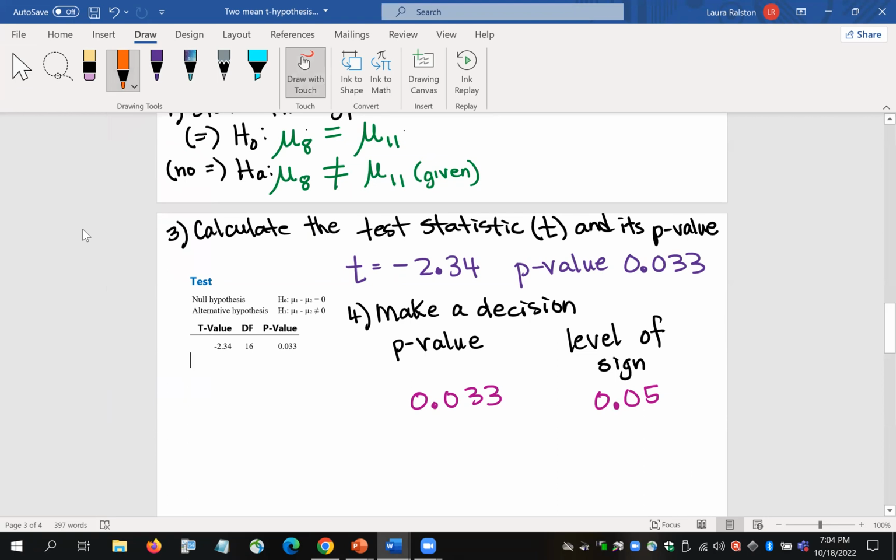Again, make the comparison. First digit after the decimal, they're both zeros. Second digit for the p-value is 3. Level of significance is 5. 3 is less than 5. So p is less than or equal to the level of significance. When p is less than or equal to the level of significance, we do reject the null. I think I got it right this time, Jada.